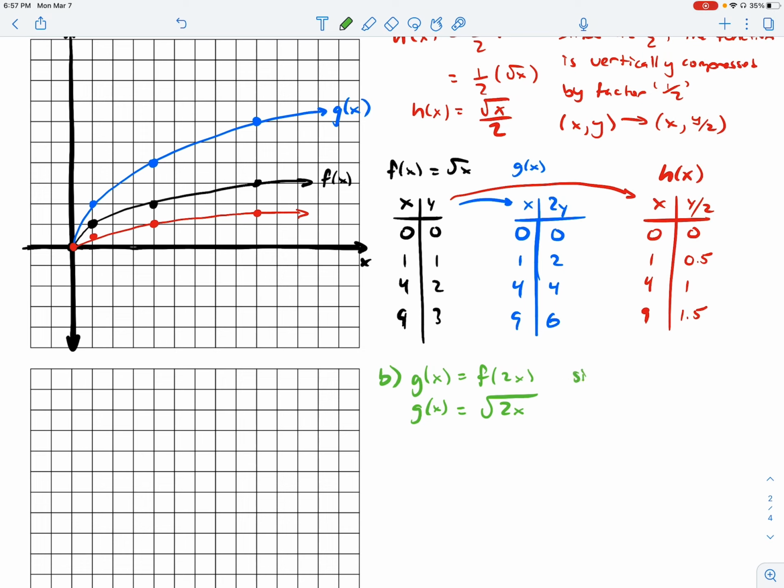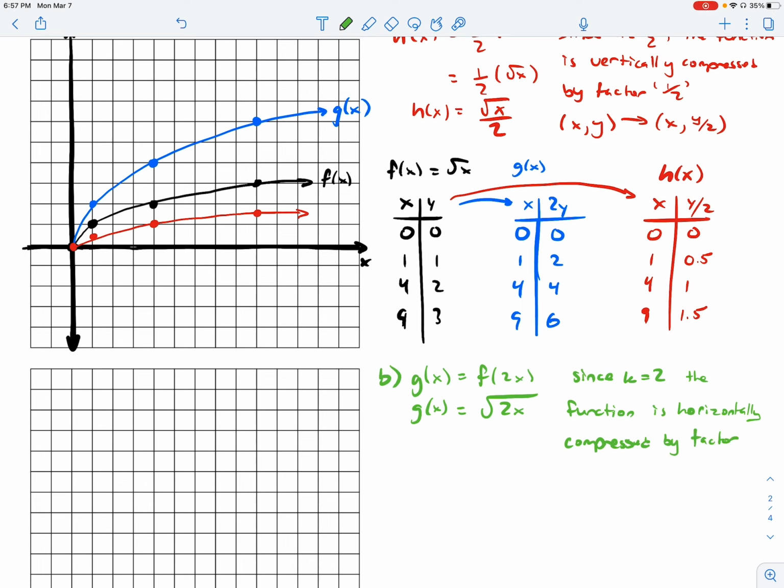We could say since k is equal to 2, the function f of x is horizontally, and it's not stretched, it's compressed by factor.